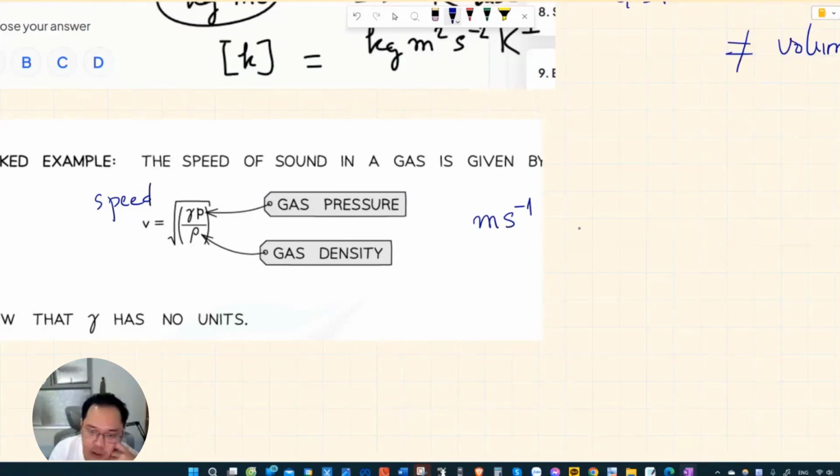And then put in here the unit of gamma, kilogram meter minus 1 second minus 2, all of that to the power 1/2, and at the bottom also power 1/2, kilogram meter minus 2.